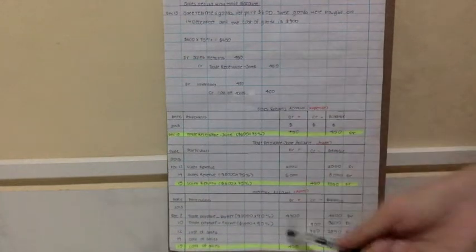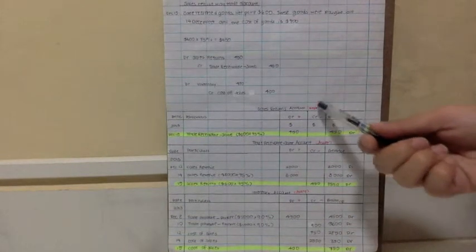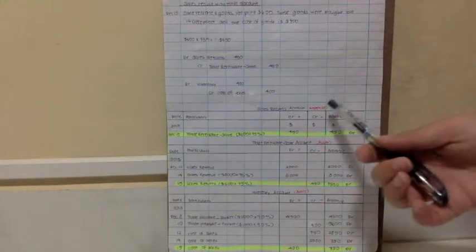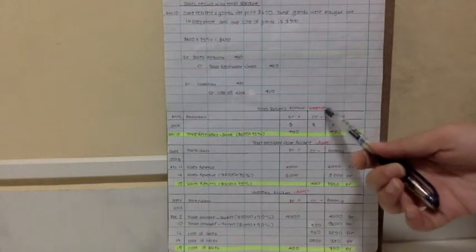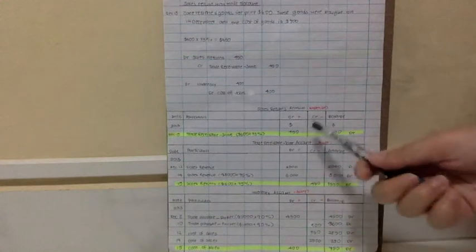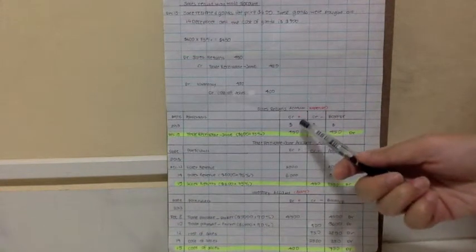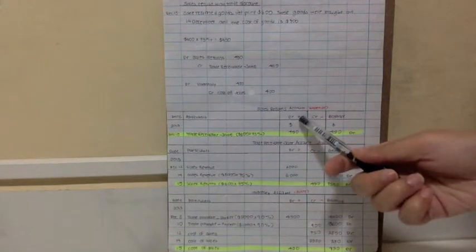Now, if you want to open up the different accounts, the first account we have to open is our sales returns account. It acts like an expense or a contra income, meaning it's the opposite of income. For income, it's a credit plus, debit minus. But if it's a contra income, it will be a debit plus, credit minus.